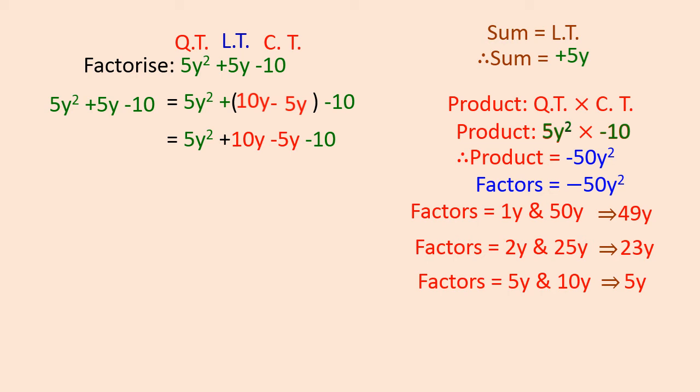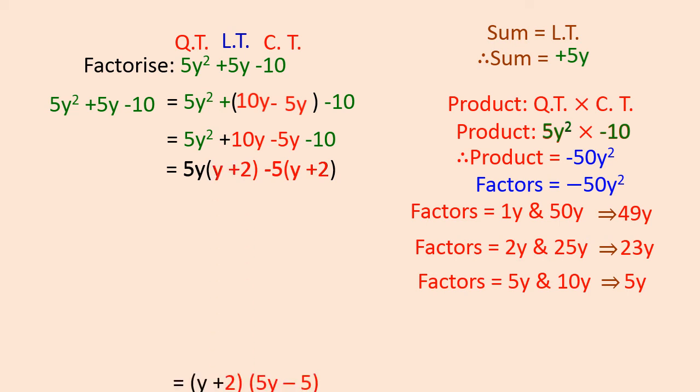So we will have common from first group as 5y and from second group as minus 5. So see what I'll get, 5y into y plus 2 minus 5 into y plus 2. I hope you have understood how you got plus 2, because when you divide minus 10 by minus 5, the answer becomes plus 2, and that is why we have got y plus 2.